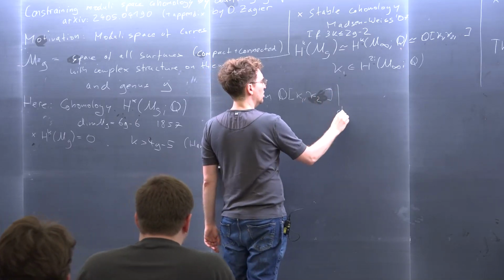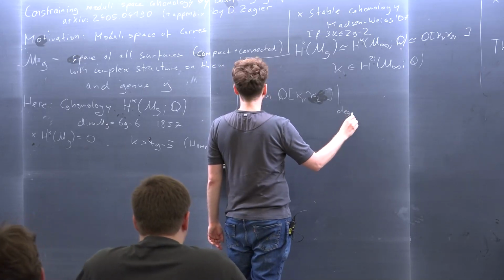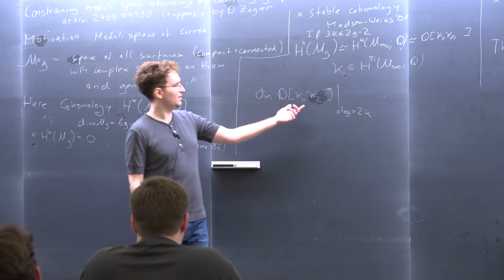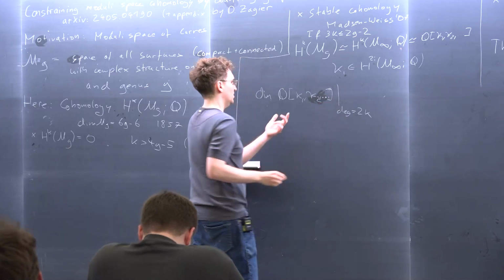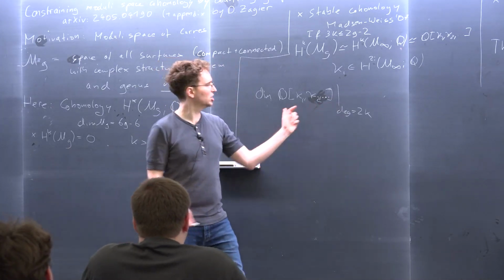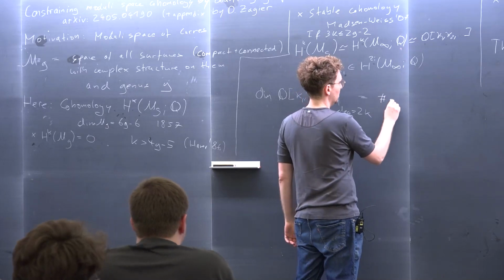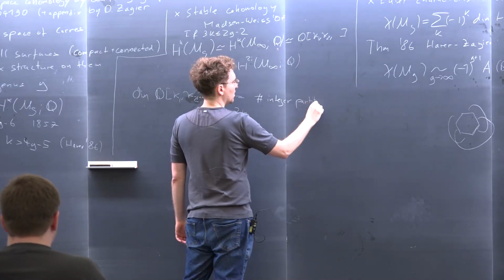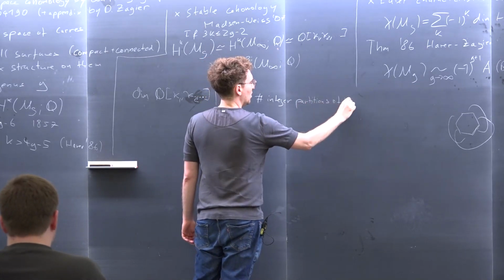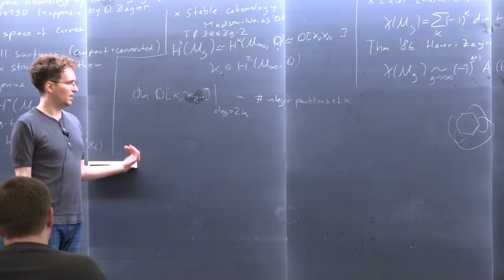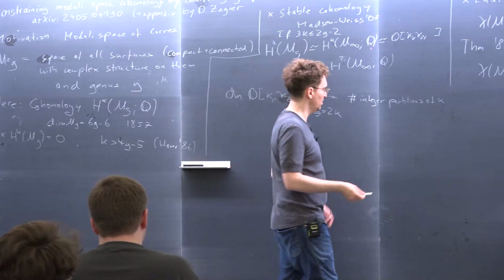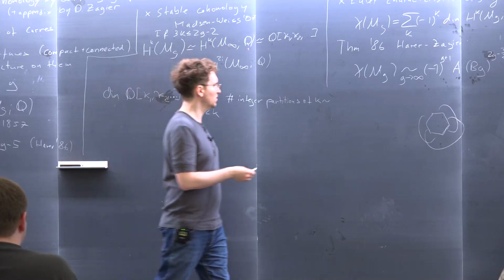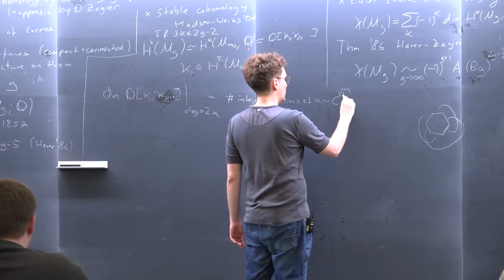And if we restrict to a specific degree, say the degree is 2k, it's easy to see that this dimension is equal to the number of integer partitions of k. And it's a classic theorem by Hardy and Ramanujan that this number of integer partitions grows like some constant to the power of square root k.